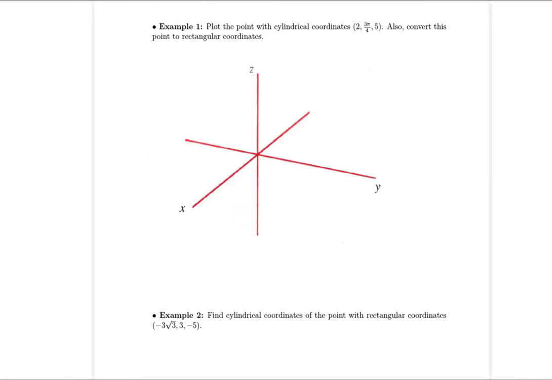All right, so let's get a sense of how we would do this. So this is written in cylindrical coordinates. So let's remember that this is our r, this is our theta, and this is our z. All right, so first of all, if theta is 3 pi over 4, let's think about where that's at.